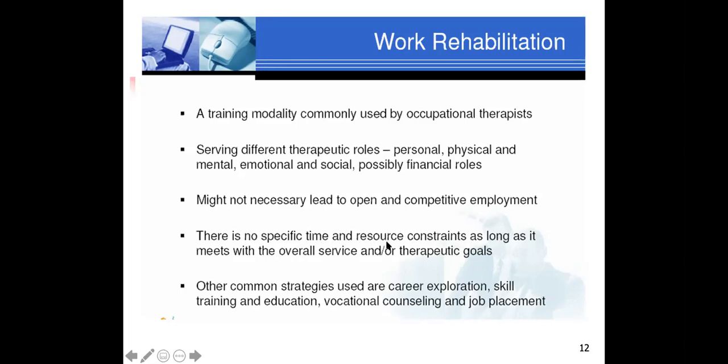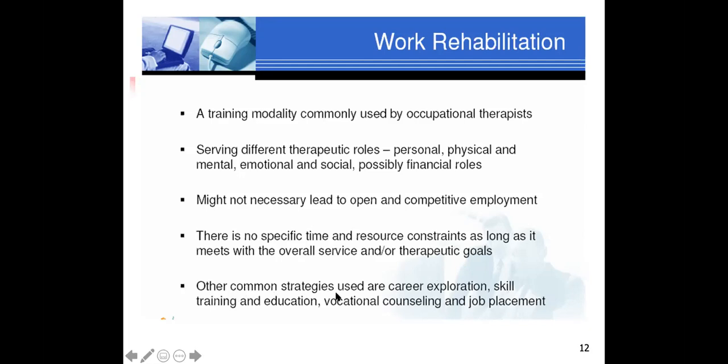Resource constraint means, for example, leave: their employer has no issue giving leave, perhaps one day or half a day, to go for work rehabilitation. And there is no specific target time for them to return to work.